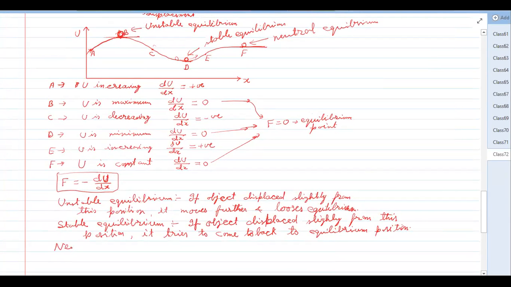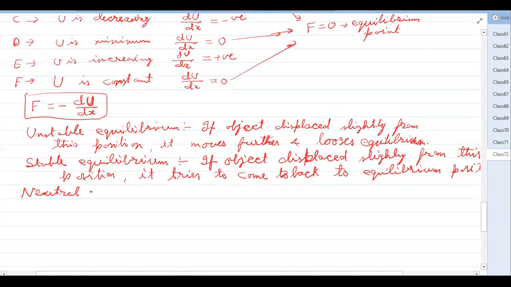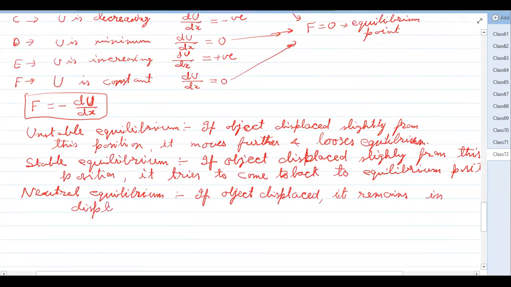Neutral equilibrium is: if the object is displaced, it remains in the displaced position without any further development of force, without experiencing any force.